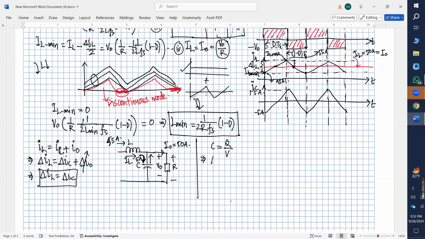So we can write del Q is nothing but C multiplied by del V, right? Yes, sir. So as you can see, what is Q? It is the integration of current, right? Because I is nothing but dq over dt, right?